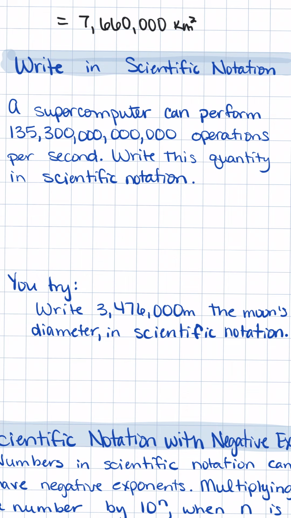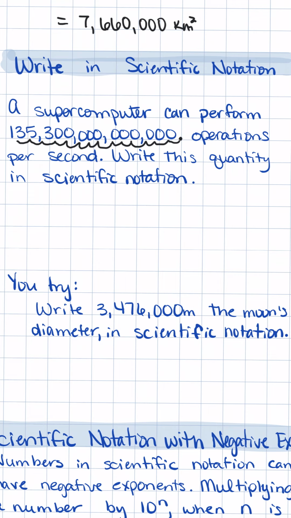So our decimal point currently is right here, and we need it to move the other direction. So we're going to go 1, 2, 3, 4, 5, 6, 7, 8, 9, 10, 11, 12, 13, 14.